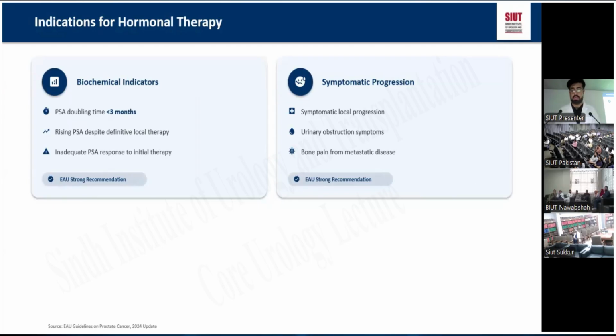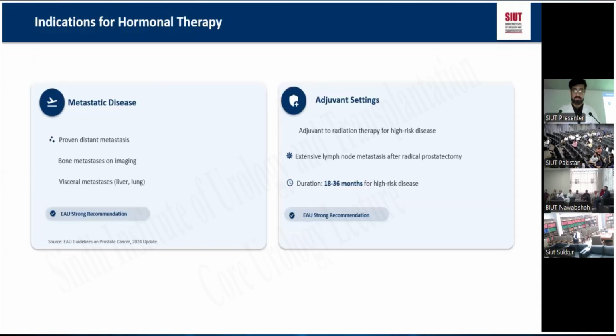Indications for hormonal therapy are biochemical indicators, where PSA doubling time is less than 3 months, rising PSA despite local therapy, and inadequate PSA response to initial therapy. Symptomatic progression is symptomatic local progression. There may be urinary obstruction and bone pain from metastatic disease.